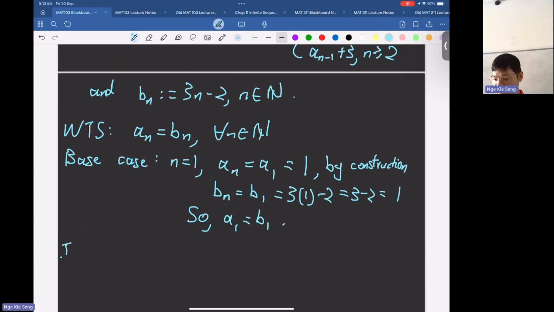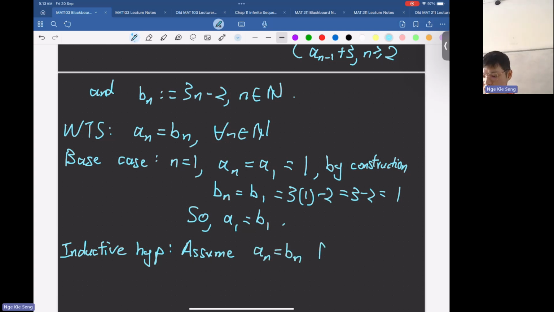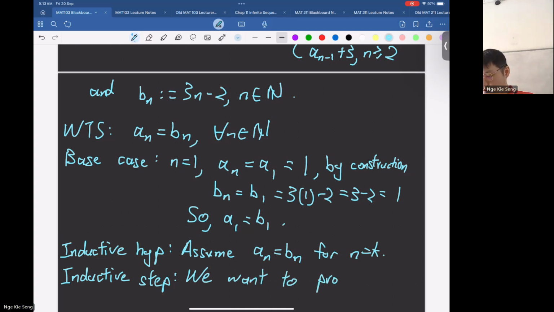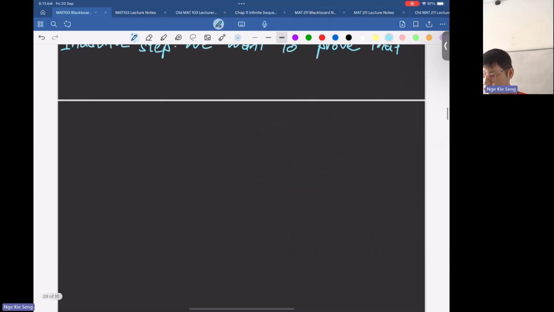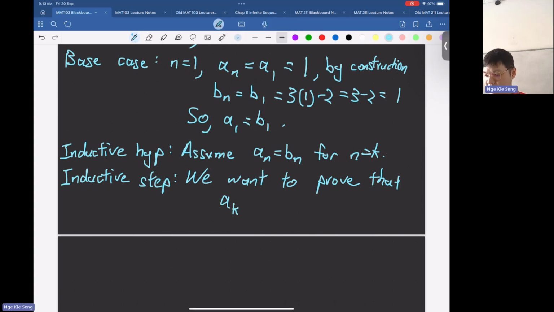Okay. So we assume the inductive hypothesis. Assume A_n equals B_n for n equals k. Let's say it is true for some k. Then what do you need to do next? The inductive step. We want to prove that A_(k+1) equals B_(k+1).